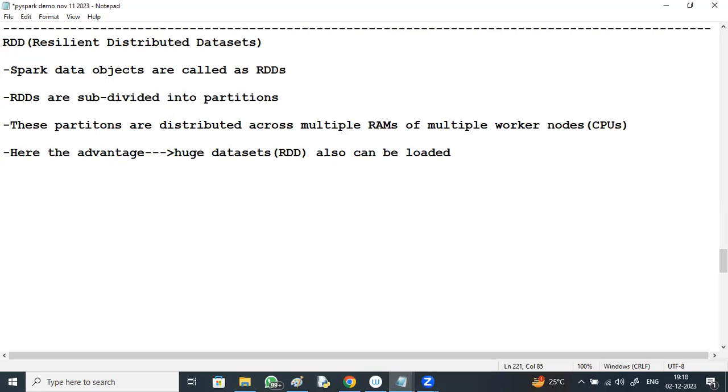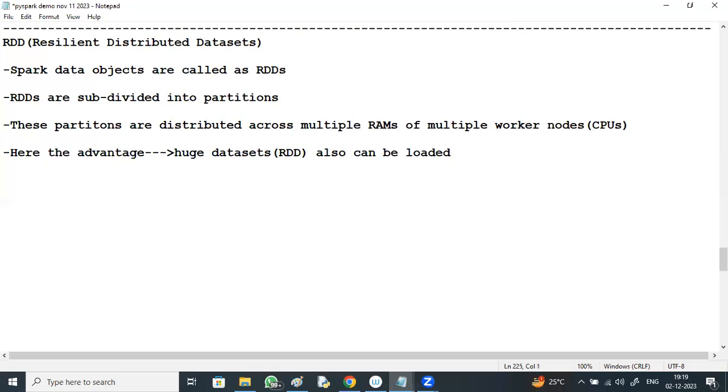Yes, you can execute this on premises by creating a cluster, and on cloud as well. Even Spark can execute on AWS, on distributed clusters. Huge datasets also can be loaded.